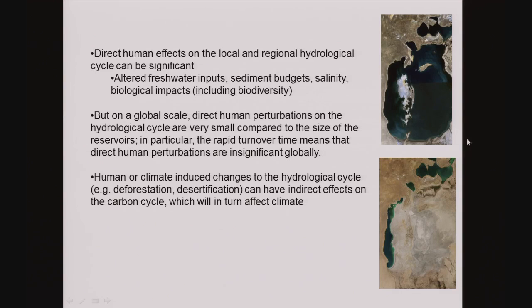You see the significant impact that that's had on this sea. So on regional scales, direct influences can have a big effect. But on a global scale, which is what this course is about, global biogeochemical cycles, they're very small compared to the size of the reservoirs. So the direct human perturbations are fairly insignificant globally. That's another important point.